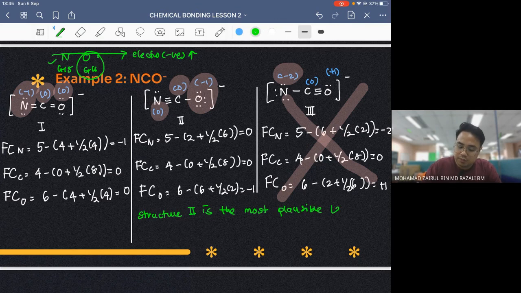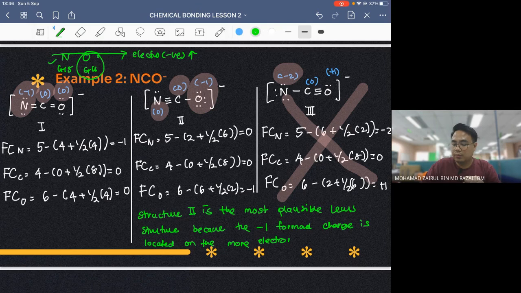The reason is because the negative one formal charge is located on the more electronegative atom, which is oxygen. If you write this conclusion, you get one more mark.